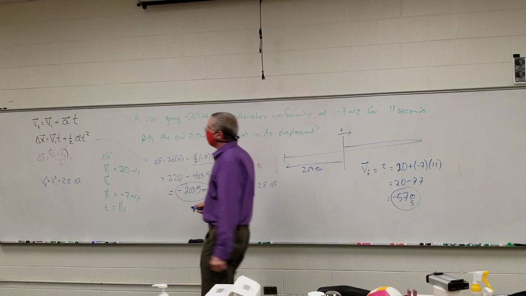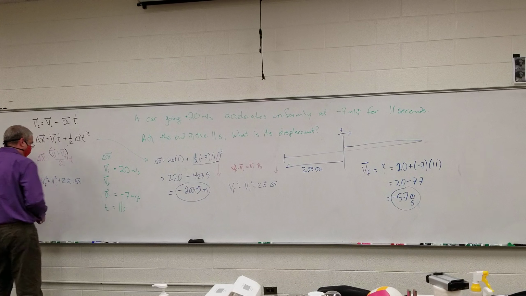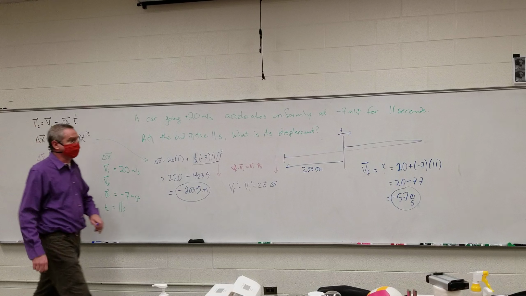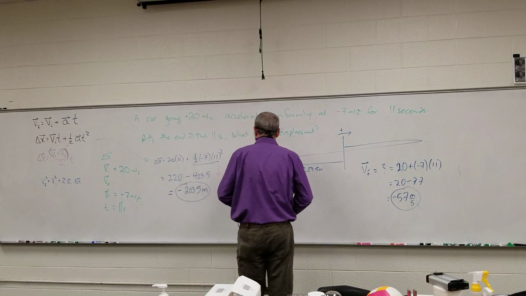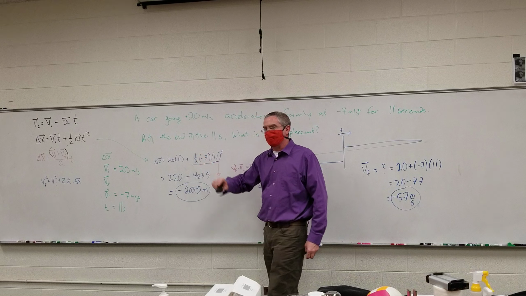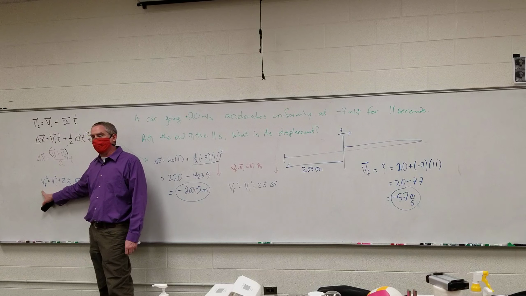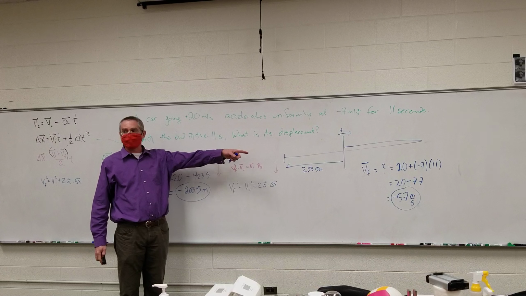All right, so let's find VF using this equation here. We can do it, but we gotta be careful on that fourth one. It's squared, because this is speed. This is my final speed squared, and I asked what's the final velocity.